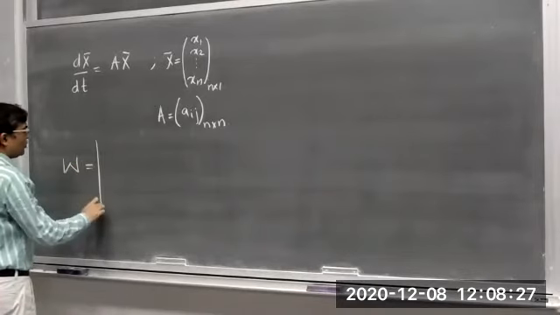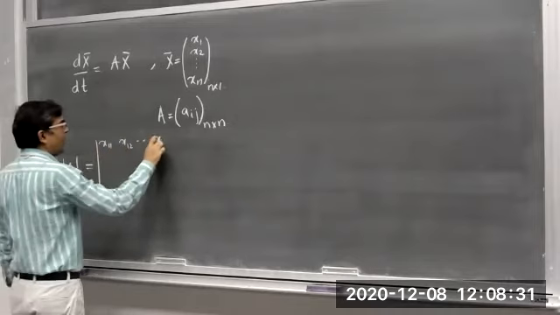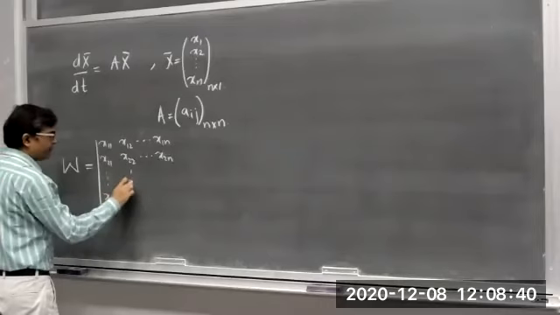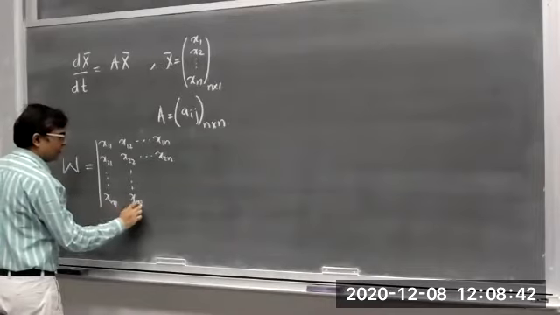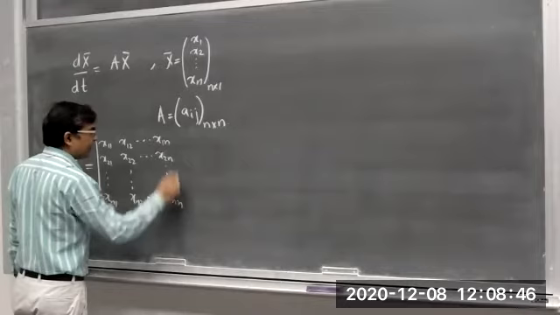The Wronskian was the determinant with entries x11, x12, and so on, x1n, x21, x22, and so on, x2n, and so on, xn1, xn2, and so on, xnn.